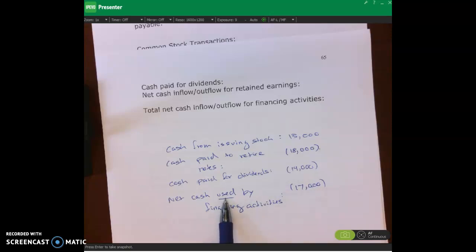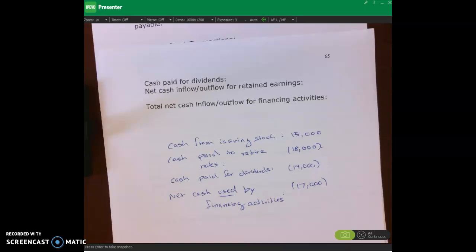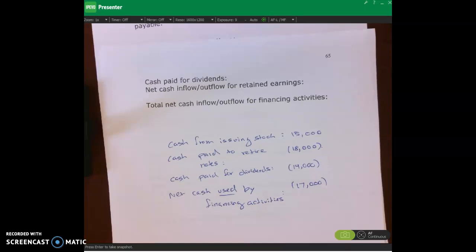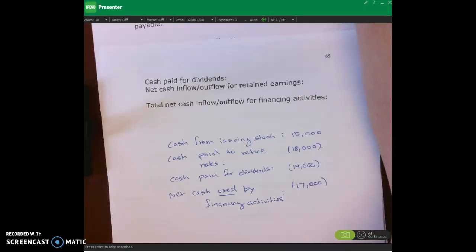And that's why I say net cash used, not net cash provided by financing activities. Okay? So that concludes this lecture video covering the financing activities. The next lecture video will cover some additional quick check problems on investing and financing. Thanks so much.